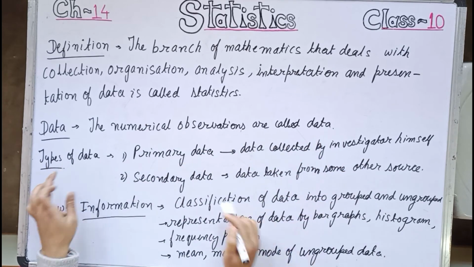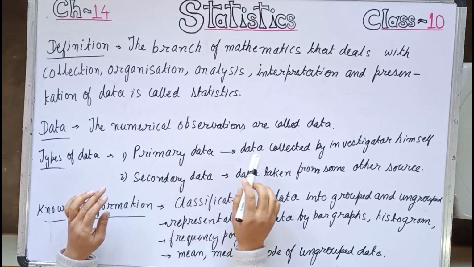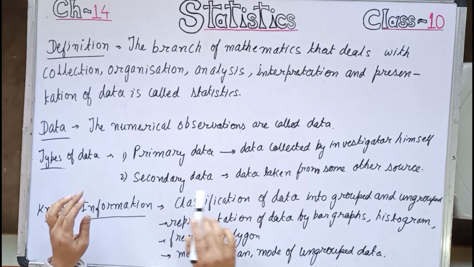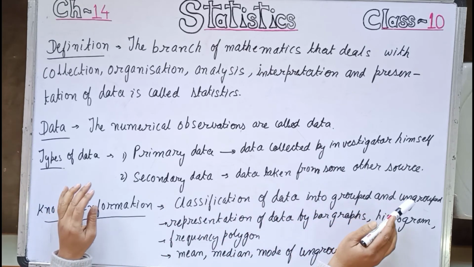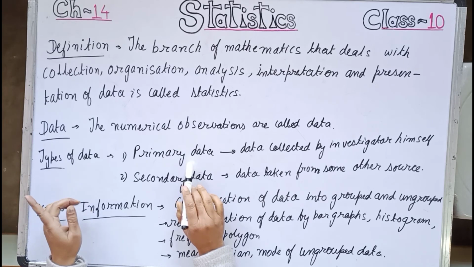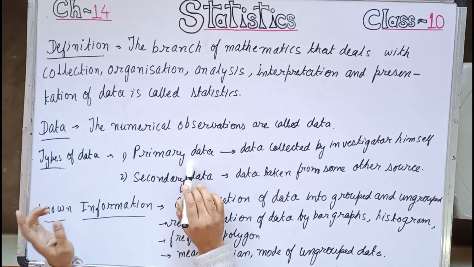Now the types of data are primary data and secondary data. Primary data is the data collected by the investigator himself, and secondary data is the data taken from some other source. Let us take an example for primary data. Suppose I ask any student to collect the marks obtained by the students of the class in mathematics.